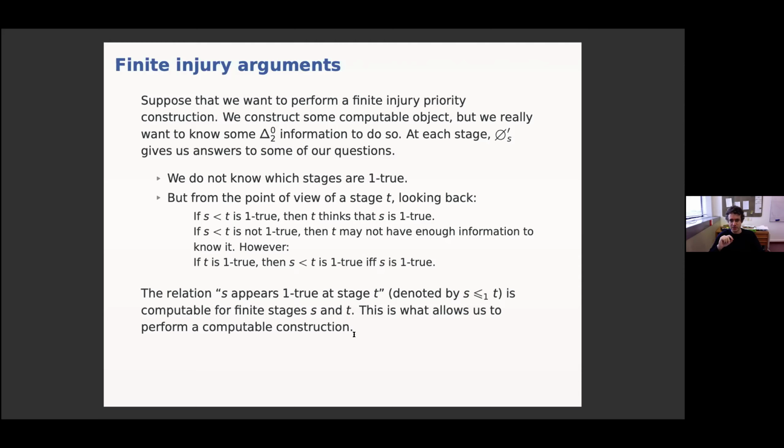So if S is not one true, this will eventually be revealed. If S is one true, then every future stage will think that S is one true, since I have no information proving yet that S is not one true. So as far as I can think from the point of view of stage T, S still appears to be one true. And moreover, if T is a one true stage, then its opinions about the previous stages are also going to be completely correct.